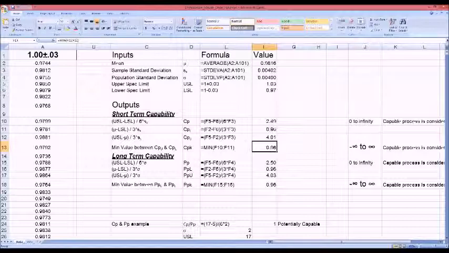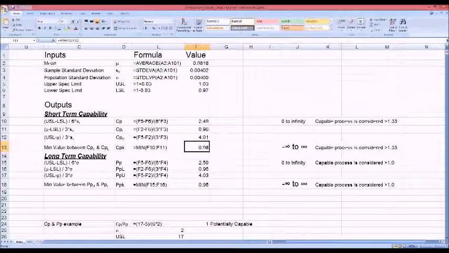And I'll give a couple of examples in the future to explain what happens when your CPK is negative, what happens when it's 0, what happens when it's positive, and at what point you consider it capable.